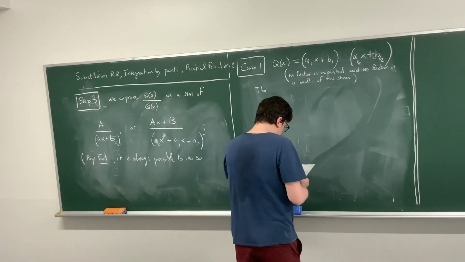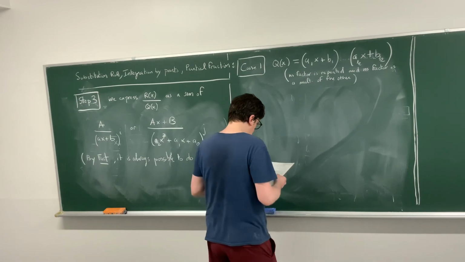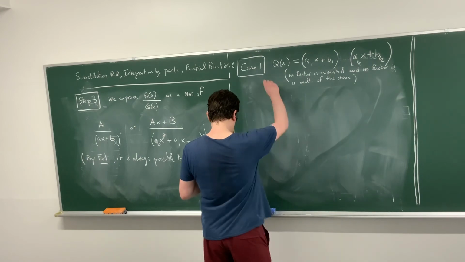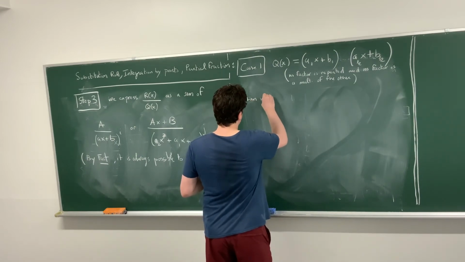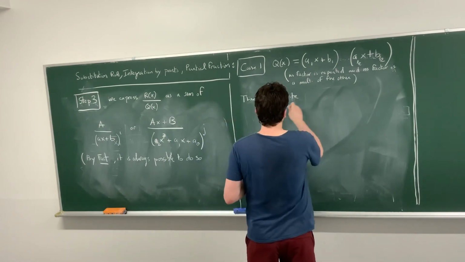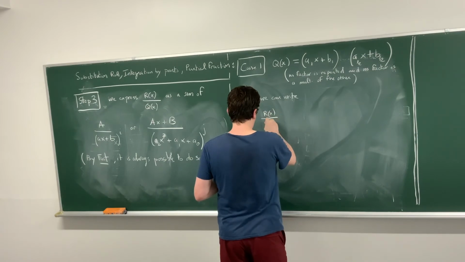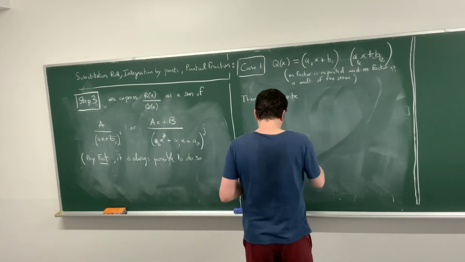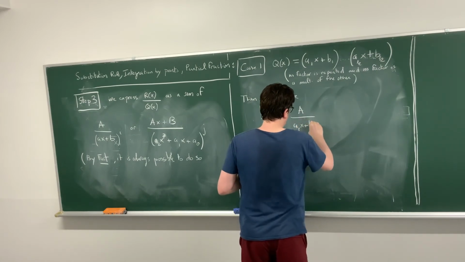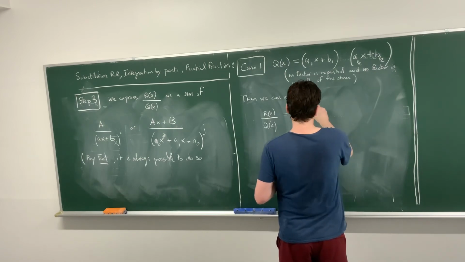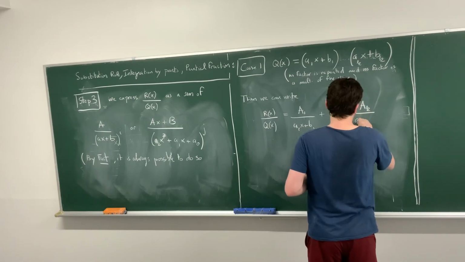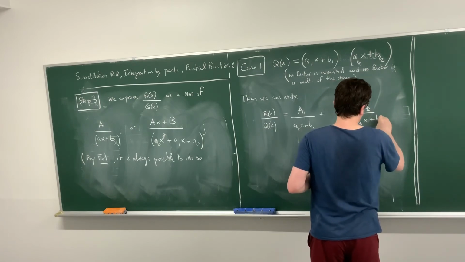And in this case, okay? So in this case, what can we do? Right. Then we can write, this is the easiest case, in fact, because in this case we can write r of x divided by q of x as really capital A1 over a1 x plus b1 plus, and so on, plus capital Ak over ak x plus bk.